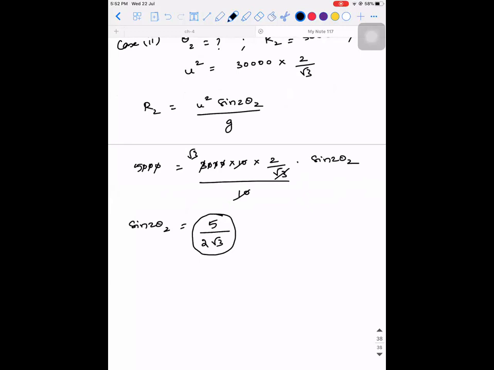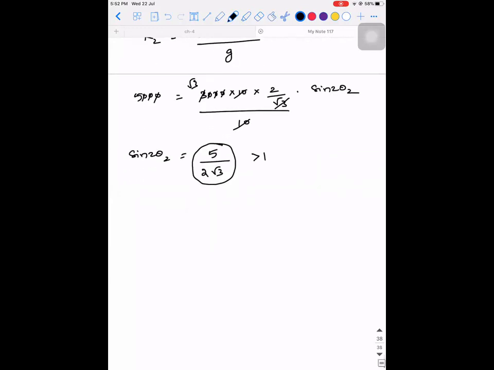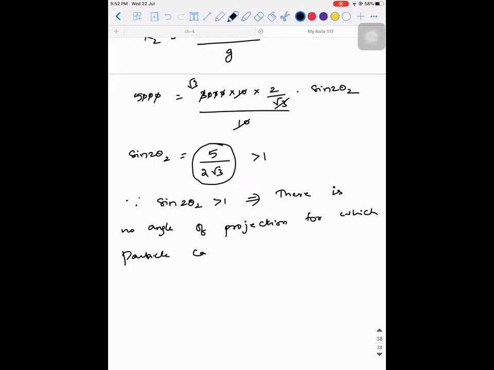Now, if you observe one important point with respect to this problem, 5 divided by 2 root 3 is greater than 1. We did a problem, you remember? Sine 2 theta is equal to 10 by 9. It's something similar only. Since sine 2 theta 2 is greater than 1, this implies there is no angle of projection for which the particle can travel 5,000 meters, can have a range of 5 kilometers.